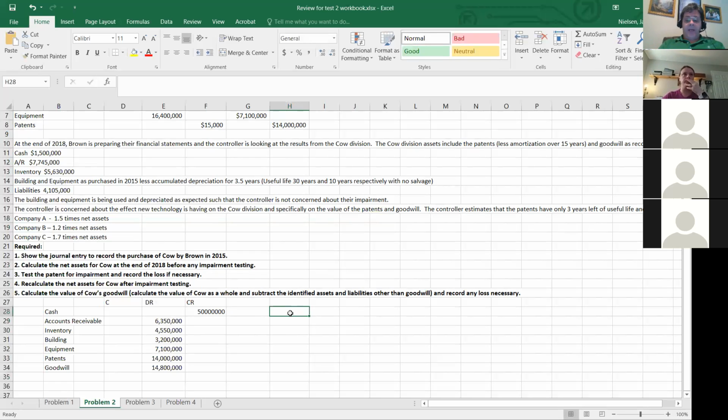They continue to operate, and so now after 3.5 years or so, their cash is 1,500,000 because we've operated now for a little bit. Accounts receivable, 7,745,000, and that's what was given to us right up here. Inventory is going up and down as we buy and sell stuff over the last few years. Whoops, need another 0 there.